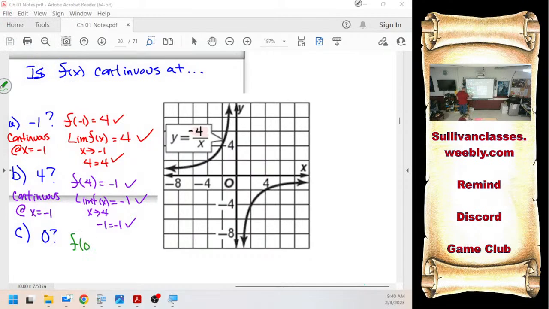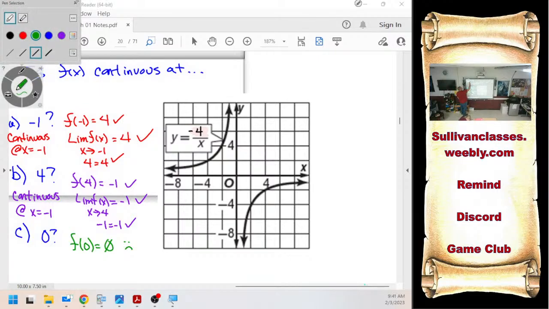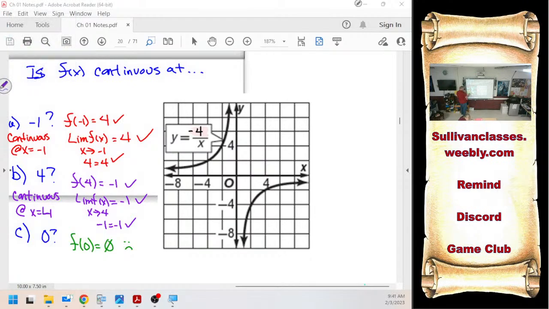The function of 0. Fail town, right? You can't do that. Oh, it was 4. Sorry, I was looking at the y part of the coordinate. Got him.